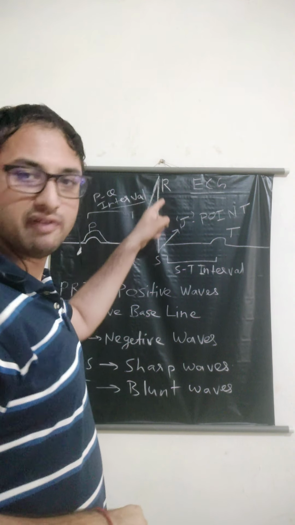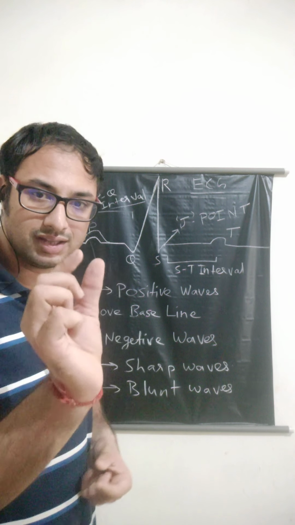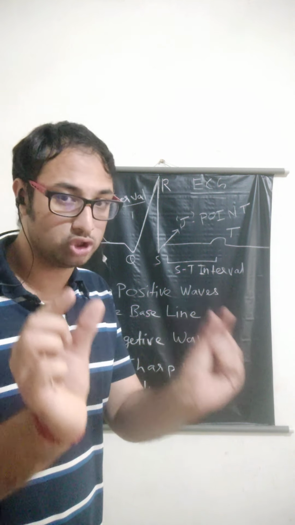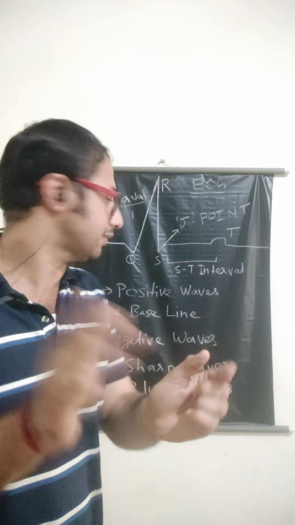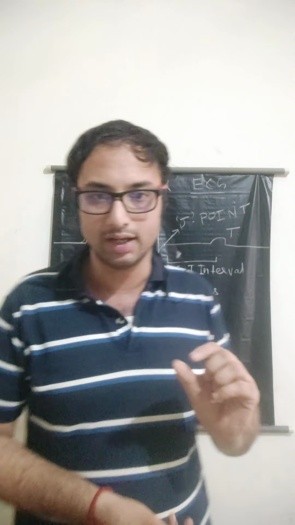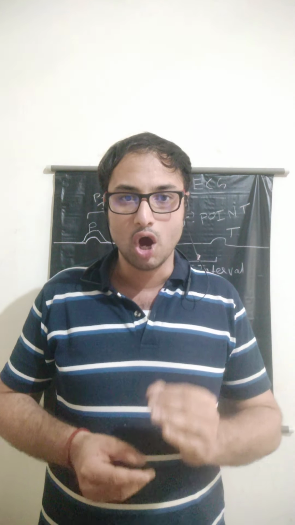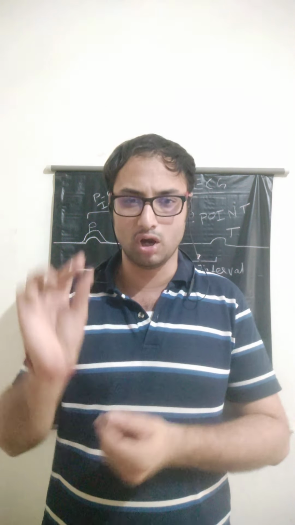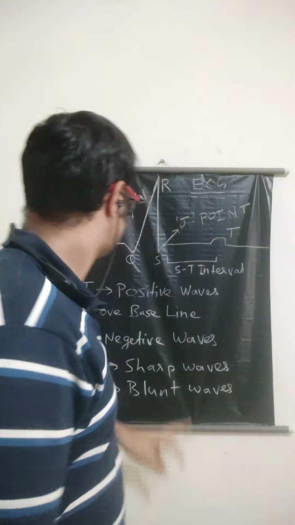The lower ventricular wall becomes thick. So enlargement of R wave represents thickening of the wall of both ventricles, left and right. And enlargement of P wave shows auricular hypertrophy, or the wall of the auricle becomes thick. This was the one thing.